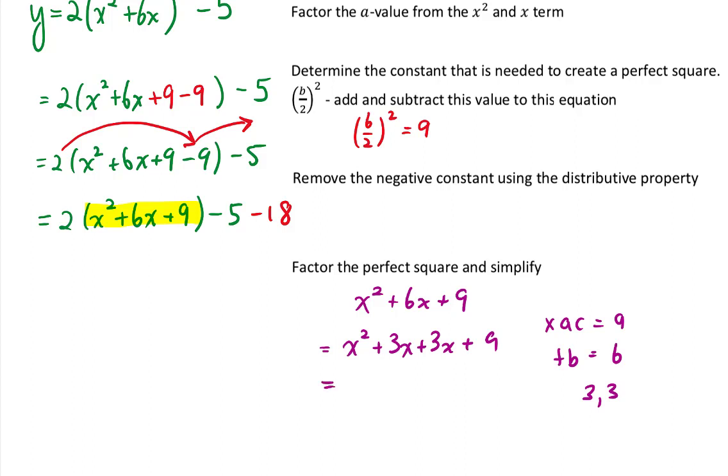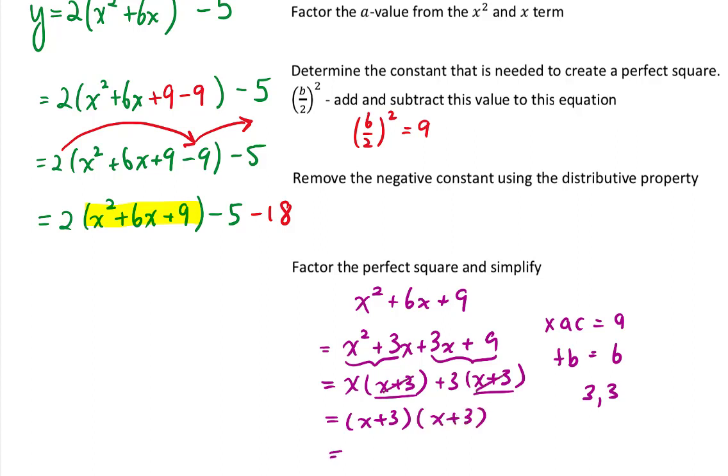And if you know the shortcut, you can go directly to the answer. If we common factor the first two, we get x plus 3. Common factor the next two, we get a factor of 3, and we're left with x plus 3. Factor out the x plus 3's, and we're left with x plus 3, which gives me a perfect square of (x plus 3) squared.